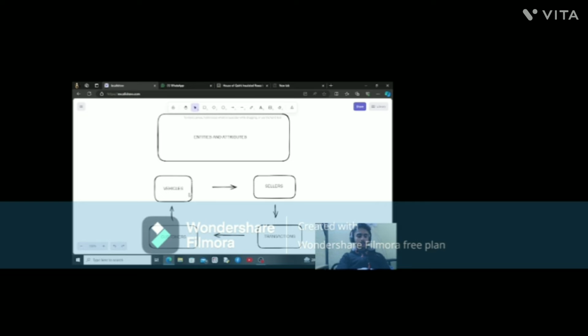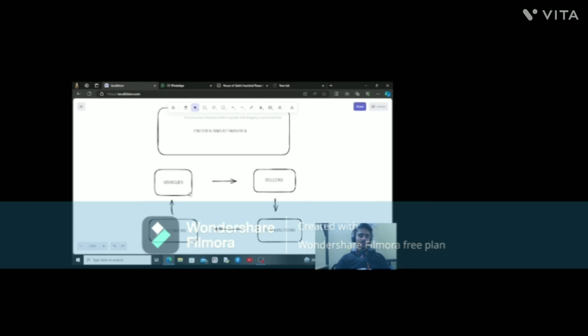Now let's talk about the first entity, vehicles, and what attributes are present here. The attributes in vehicles begin with the vehicle ID, which is the primary key, and then it includes when the vehicle was made, its model, year, variant, fuel type, mileage, registration number, and many more.